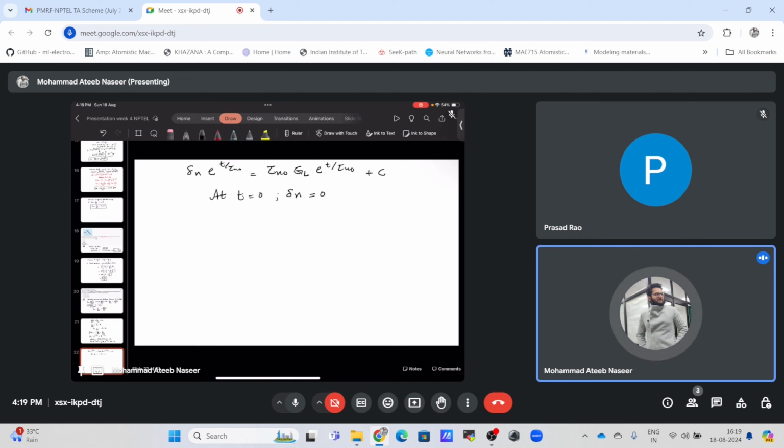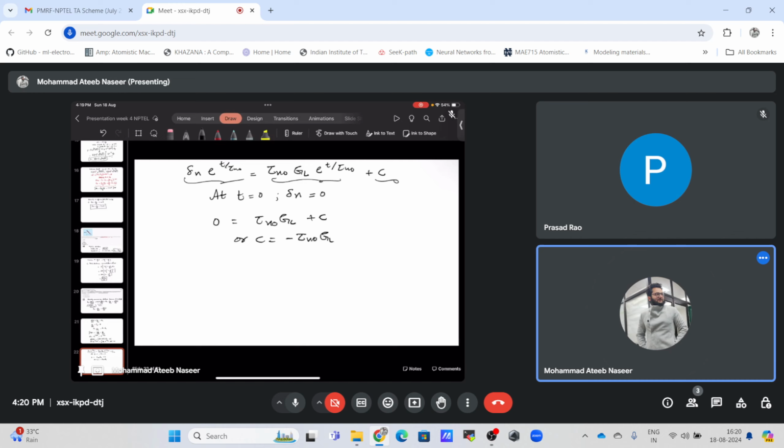So what we will get at t equal to 0 is: this is 0, this is tau n naught GL, exponential of 0 is 1, plus c, or c is simply minus tau n naught GL. Is it correct?